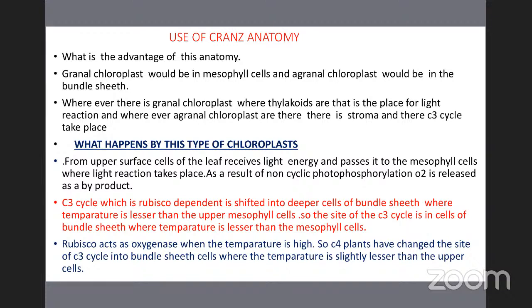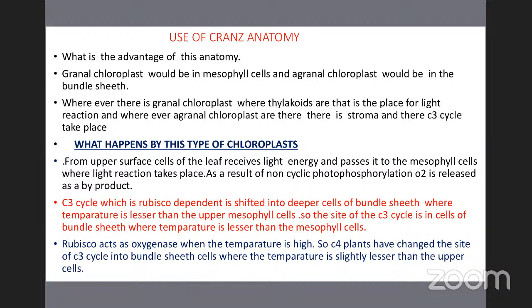Then by having a grana, what is the adaptation? What is the use to the C4 plants? Let us discuss that. By having this agranal type of chloroplast in the bundle sheath cells... usually in normal plants also, the C3 cycle is performed in the stroma. The C3 cycle is mainly Rubisco dependent, that means it depends on the Rubisco enzyme.